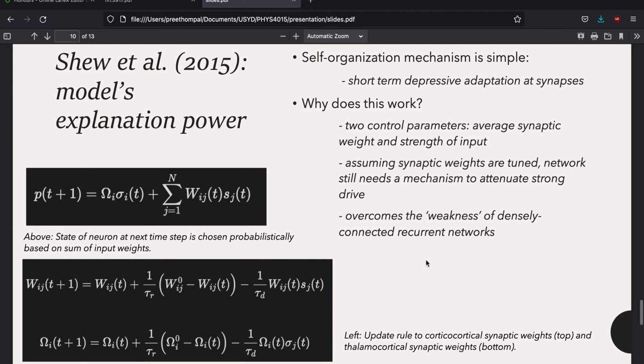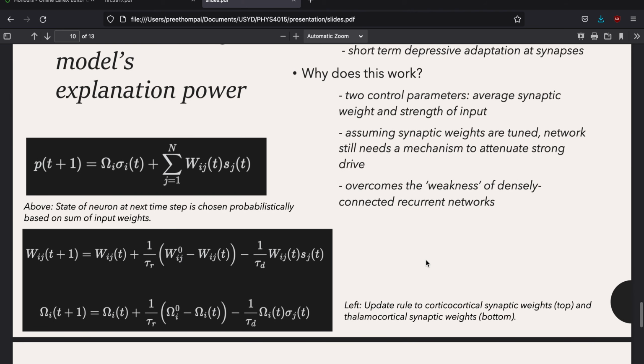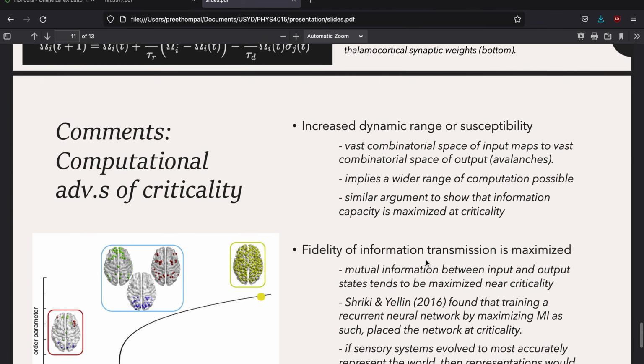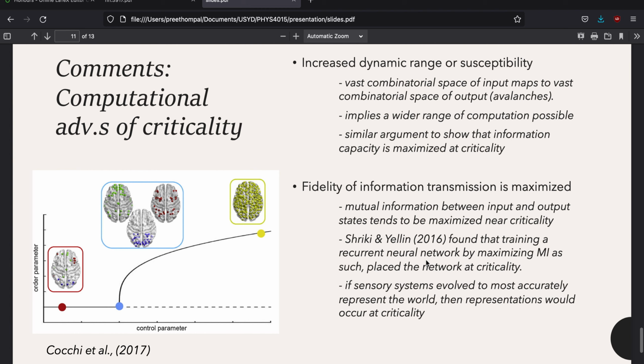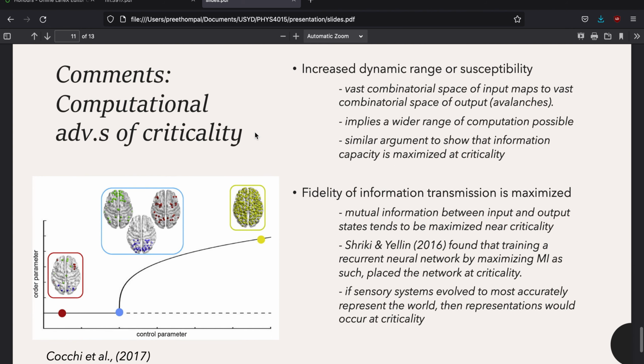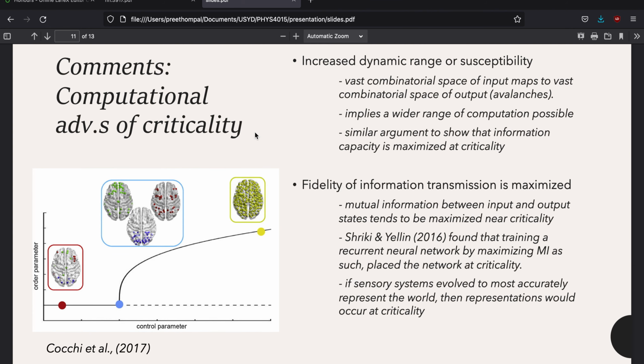now that we know that the visual cortex is tuning to criticality during visual input, we should probably talk about why it's doing that. So what are the computational advantages of criticality? So there's an increased dynamic range or susceptibility to input. So that is the vast combinatorial space of input maps to a really big possible space of output, in this case avalanches.